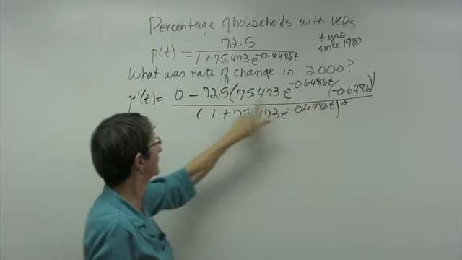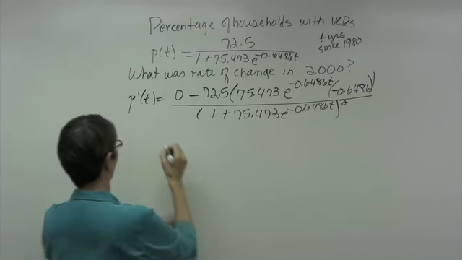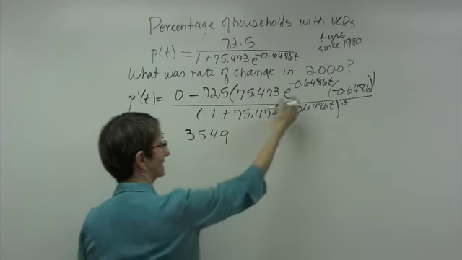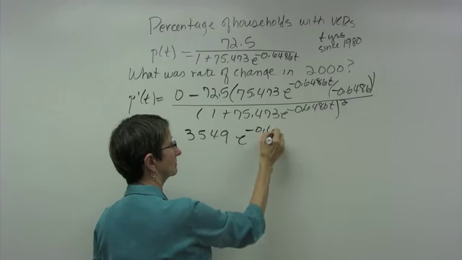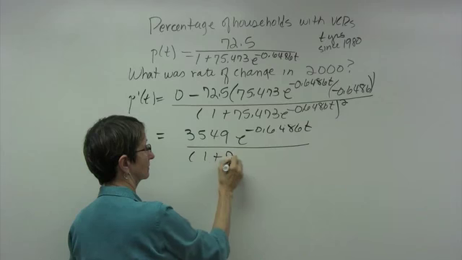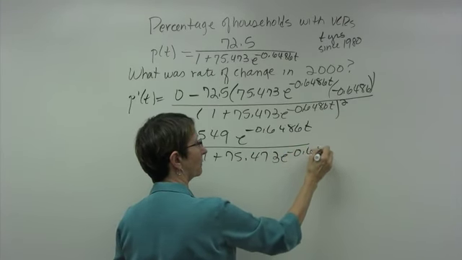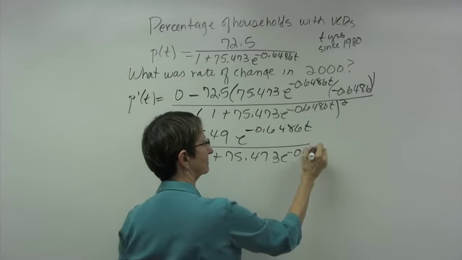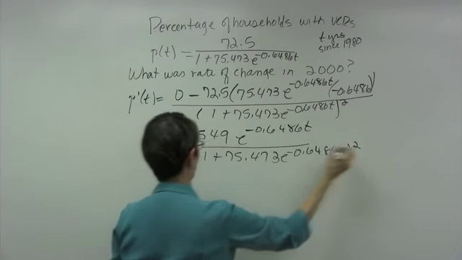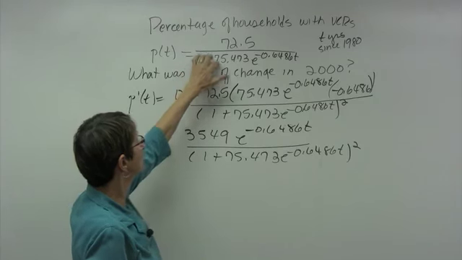We have a negative sign, and a negative sign makes it a positive 3,549 times our E term over that denominator again, 86T squared. That's the derivative.